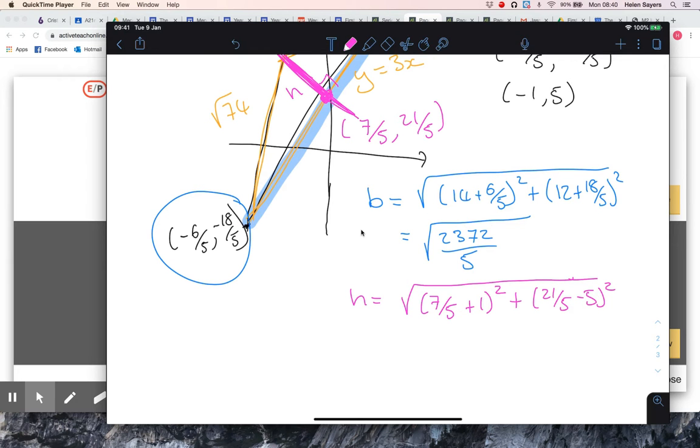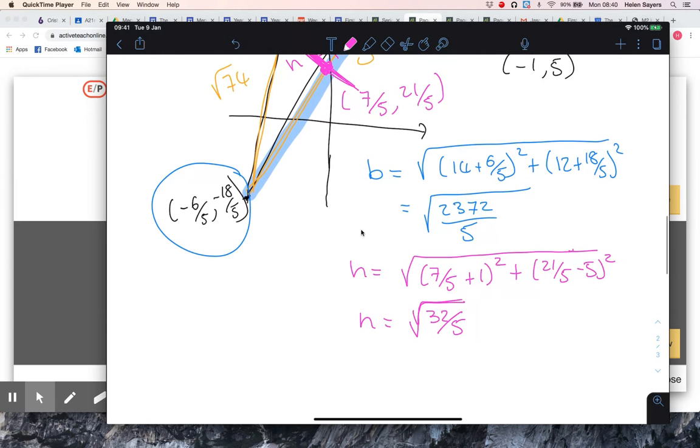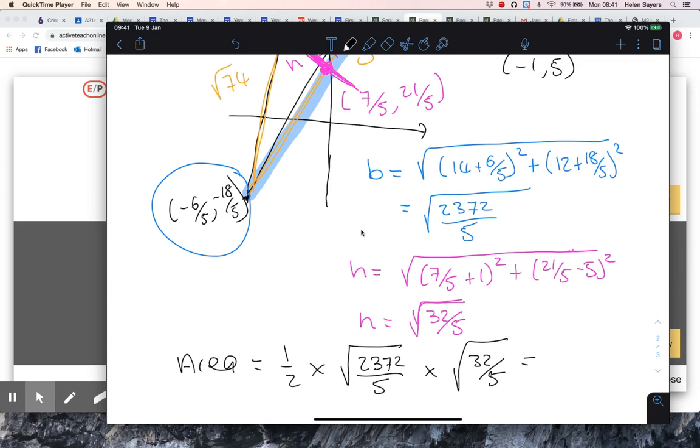I'm getting that as the square root of 32 over 5. So if I don't do anything silly, the area of that triangle is going to be half times the base times the height. So fingers crossed.